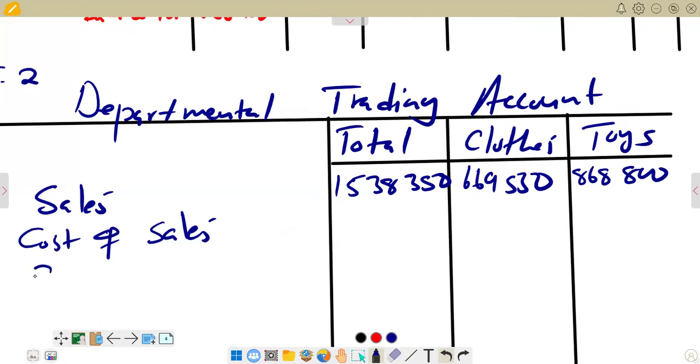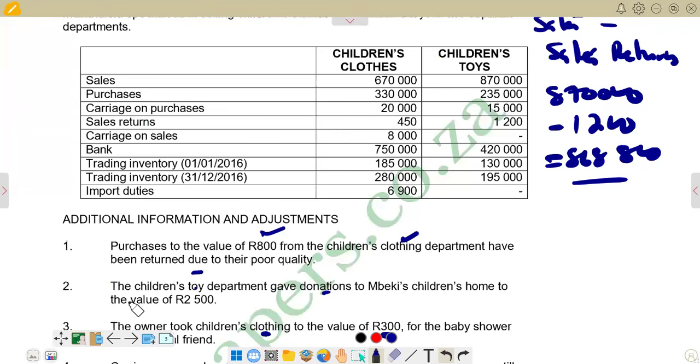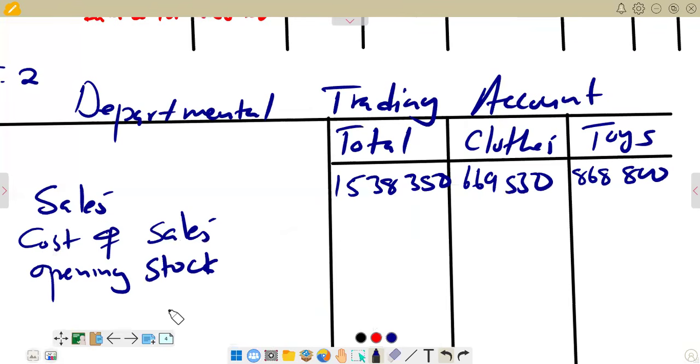We are saying opening stock. And the figure that we have for opening stock, we can find it in the question. We are seeing that the opening balances that we have, we've got 185,000 for clothes, and then children toys, we've got 130,000. So we can go and enter those ones for our opening.